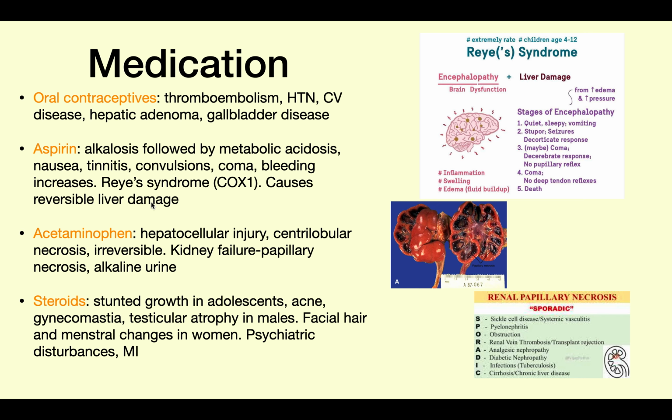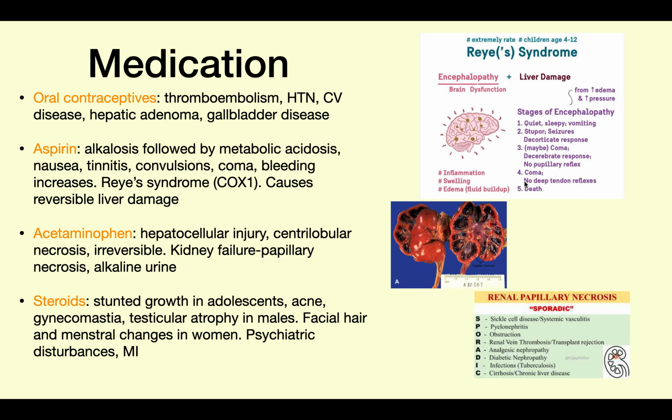In children, Reye's syndrome can occur, and that causes a reversible liver damage, so it's going to be a fatty liver. It's only in children, though. As you can see here, the signs are encephalopathy and the liver damage. Gotta be worried when the kids become like they're going to vomit, and then they're going to be sleepy and seizures. There's no pupillary reflex. We gotta be worried about the coma.